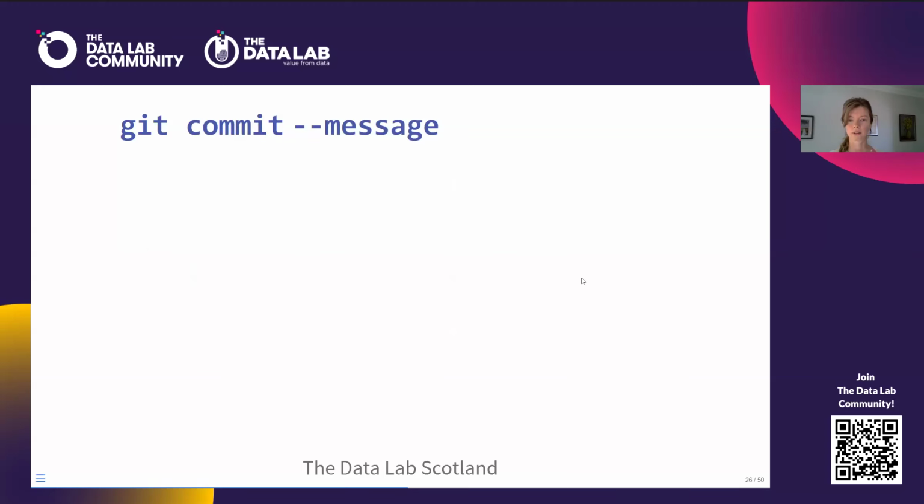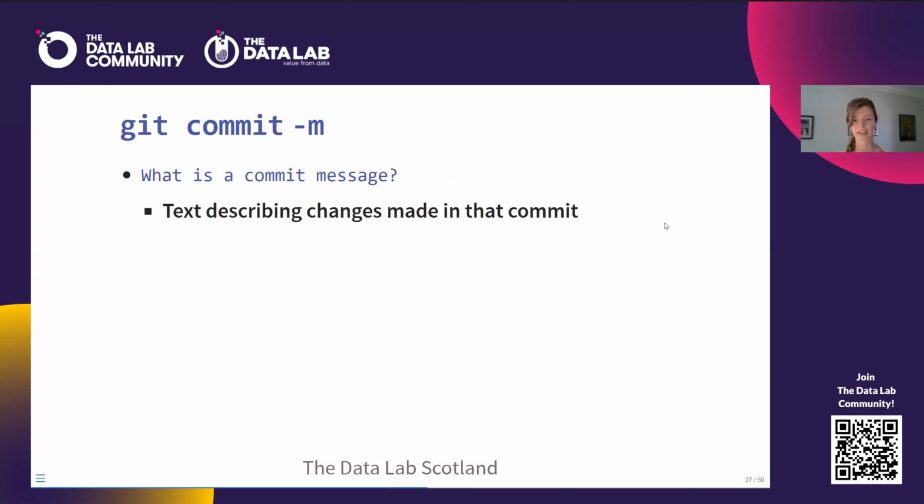So yeah, just to talk in a little bit more detail about the git commit message then. So this can also be written in shorthand with just a little -m. And a git commit message is essentially text that describes the changes that you've made in that commit.